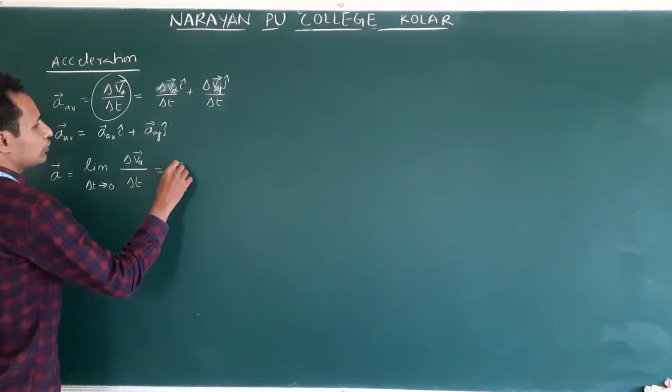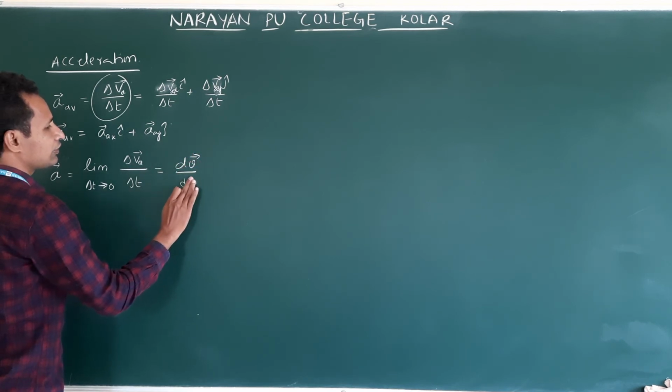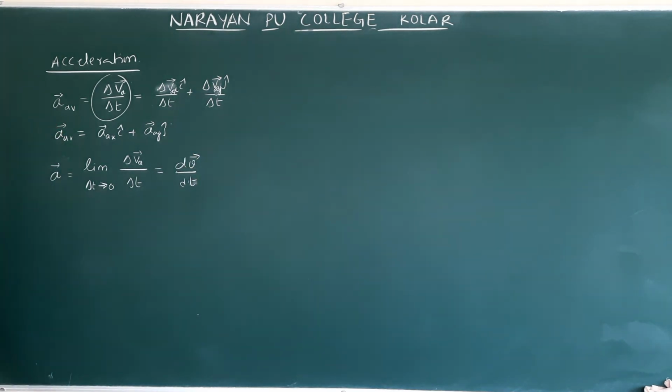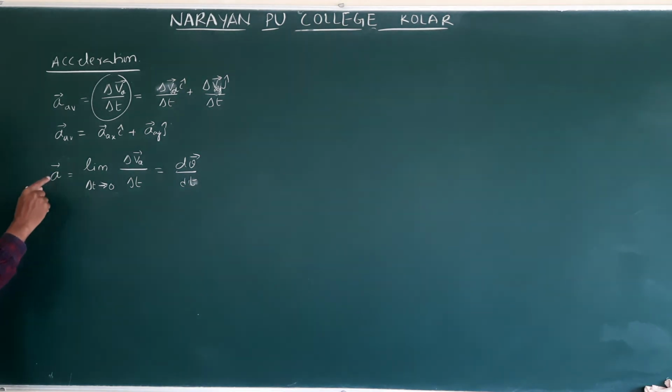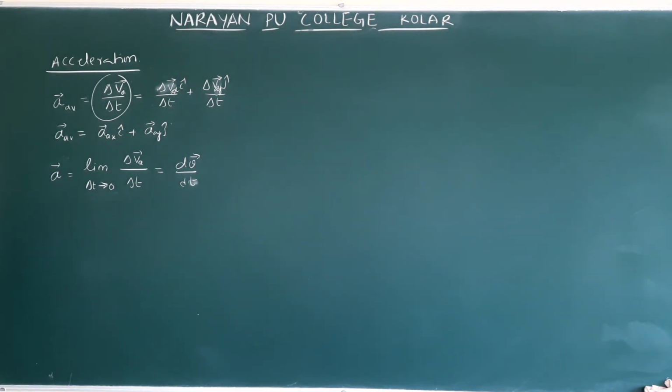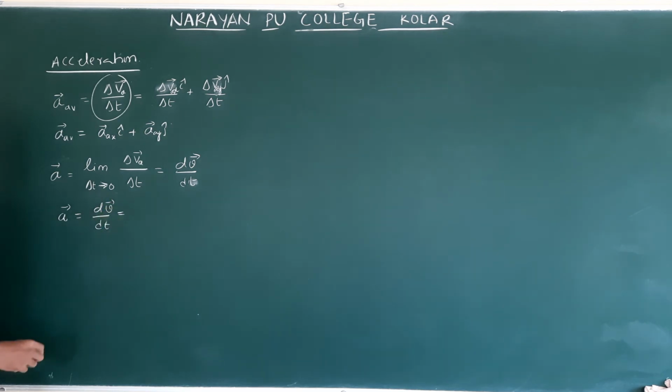This is equal to delta v by delta t. Clear? When time approaches 0, for a short interval, it means on-time acceleration is instantaneous acceleration. Then a is equal to dv by dt.